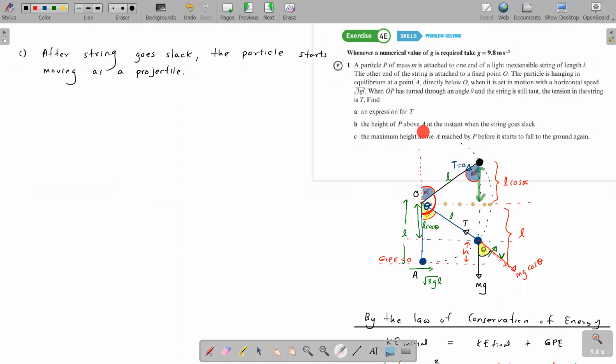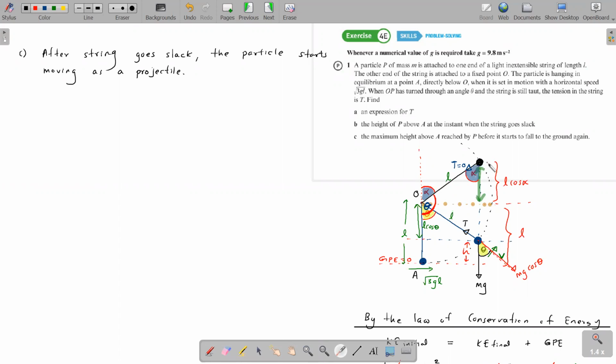So then it doesn't go in the circular path anymore. All this while the particle was sticking to the circular path, but now because the string becomes slack, the string plays no part in this. But when the string becomes slack, the particle still has some kind of speed. The speed doesn't become zero.